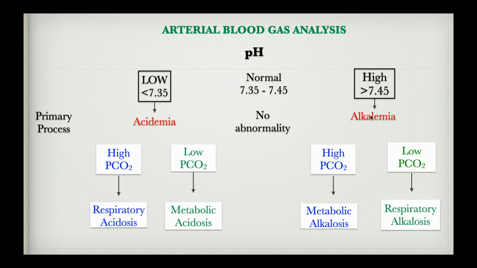And since there is alkalemia, we say there is metabolic alkalosis. Then finally, if the pH is high and the carbon dioxide is low, as we find over here, it means they are going in opposite directions. And so the disorder is respiratory in nature. And since there is alkalemia, we say there is respiratory alkalosis.